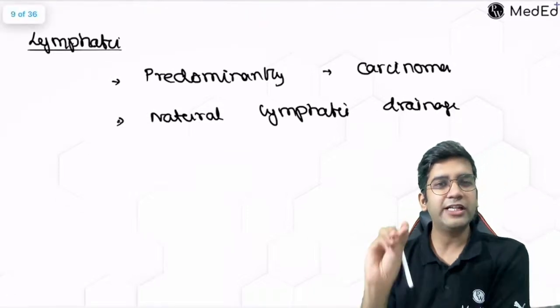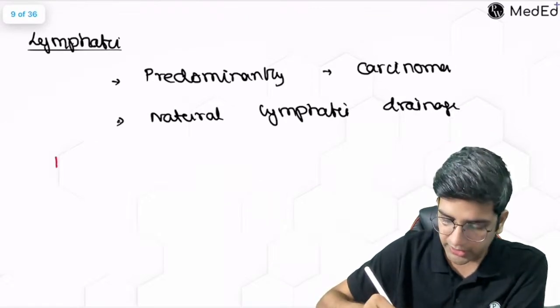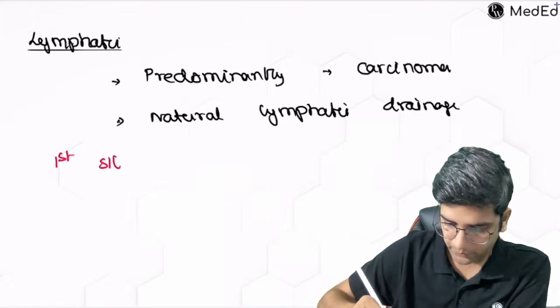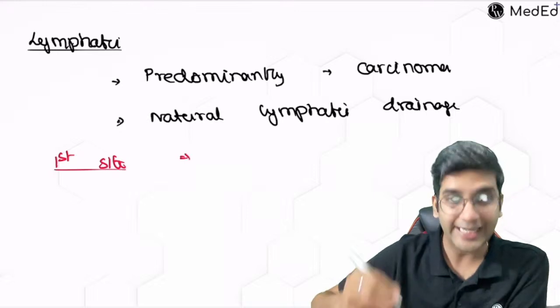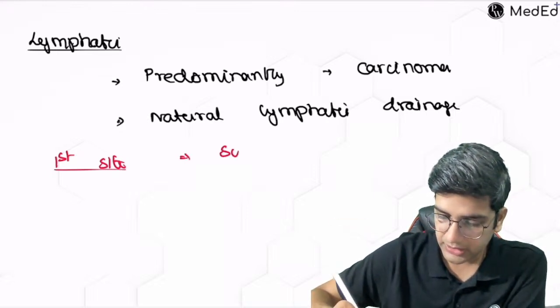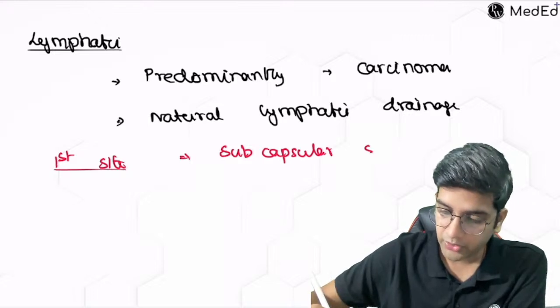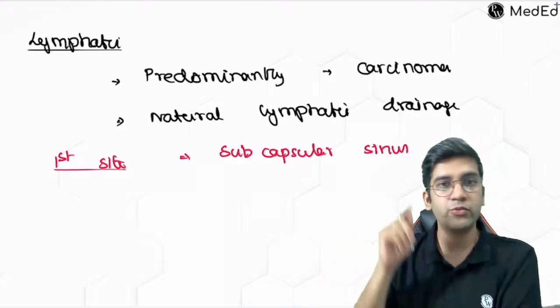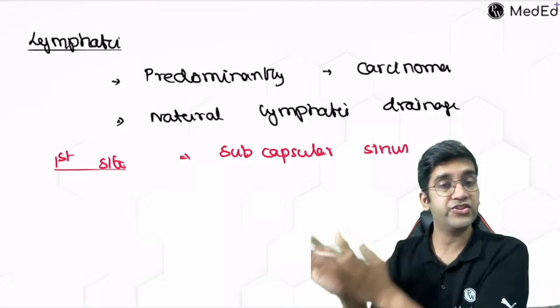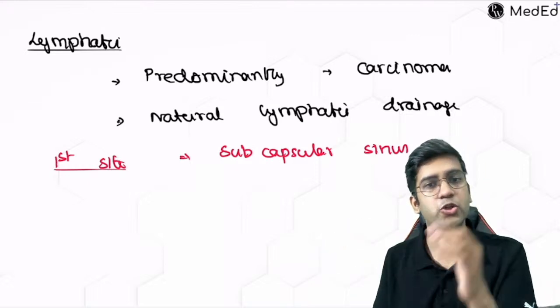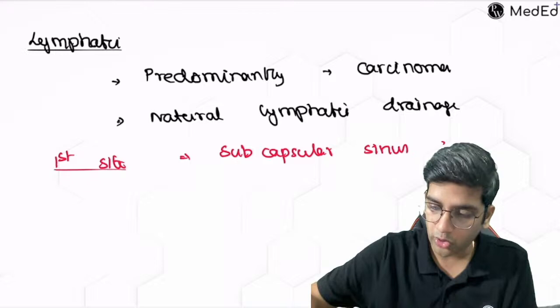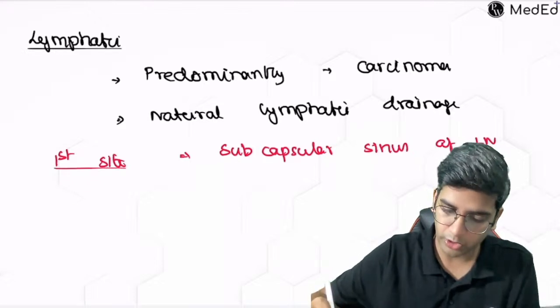Again, if you want to have a little bit of extra marks and extra points, the first site of metastasis in a lymph node will be the subcapsular sinus, because this is the place where the tumor cells first reach, right? That's an important pointer.